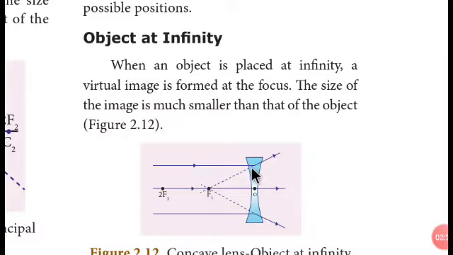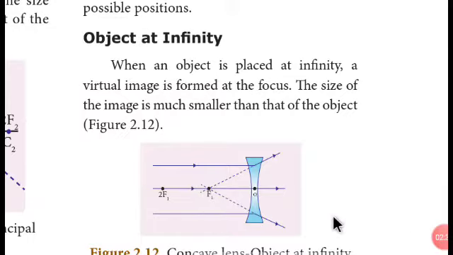So we need to project the rays in the backward direction, and the point where they meet is the point where the image is going to form, and that point here is the focus, because the object is kept at infinity and the image is formed at the focus, and this image is a virtual image.